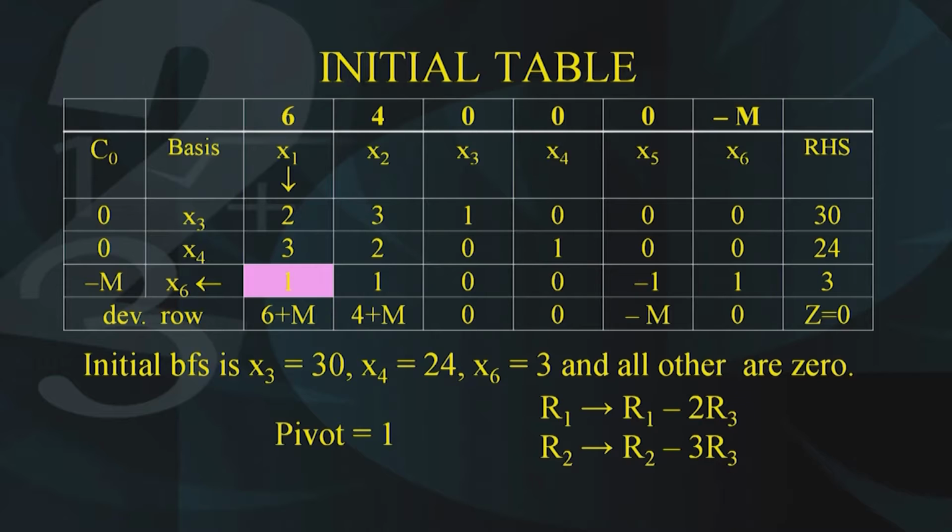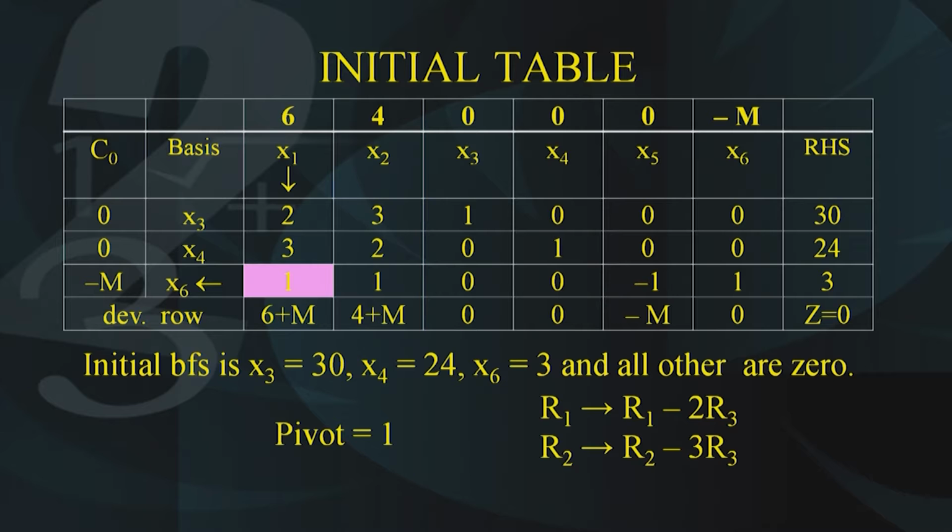The first ratio is 30 upon 2, that is 15, the second is 24 upon 3, that is 8, and the third is 3 upon 1, which is 3. So, 3 upon 1 is the least, which indicates that this variable should leave the basis. That is the reason why this box, 1, is highlighted, and it indicates that at this iteration the pivot is the entry 1.